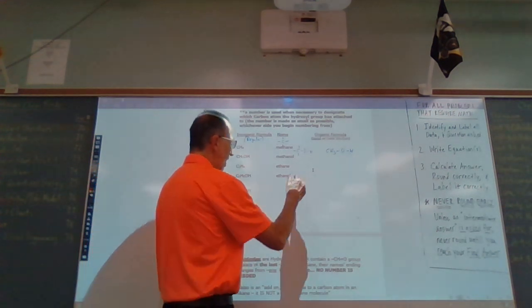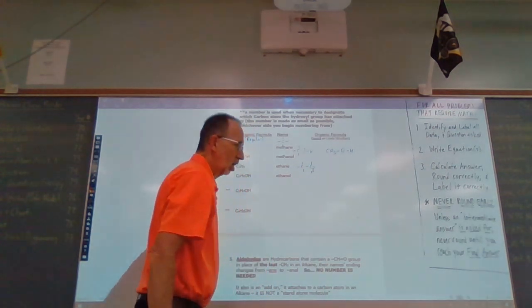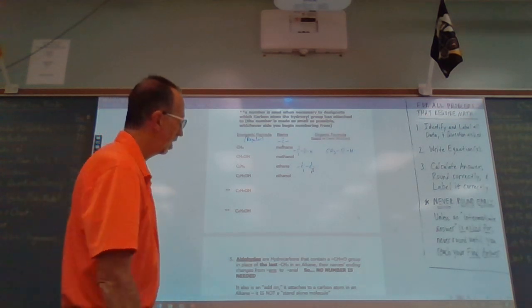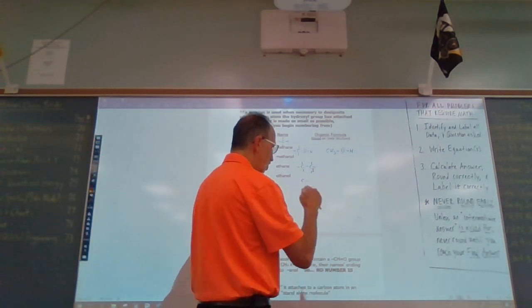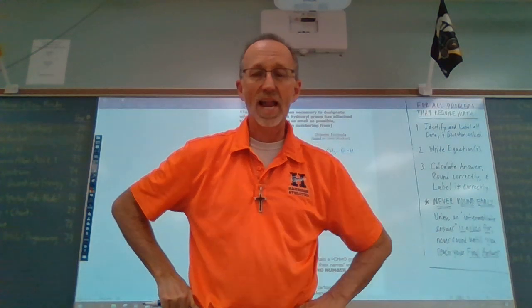Ethane, our alkane, again has 2 carbons, 6 hydrogens around it. Remember, carbons are single bonded. So ethanol, which I'm sure you've heard of. We use ethanol mainly now as an additive to gasoline or as a standalone fuel.